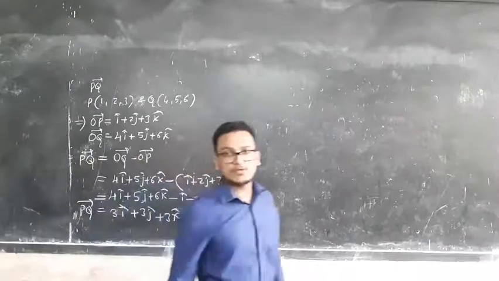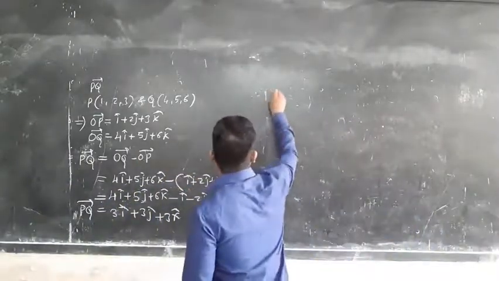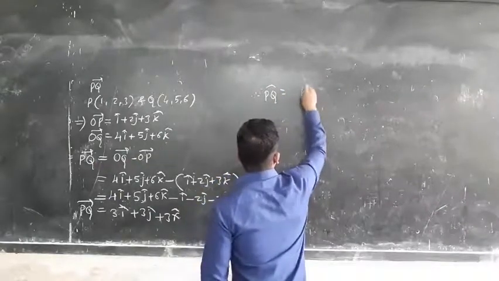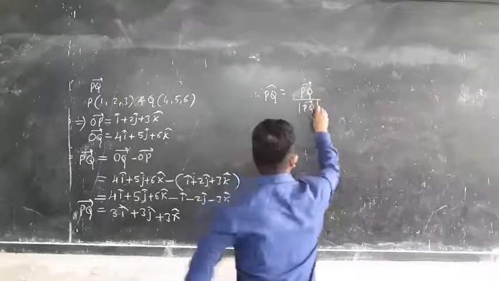But we have to find the unit vector of that vector PQ. Therefore PQ cap is equal to vector PQ divided by the magnitude of vector PQ.